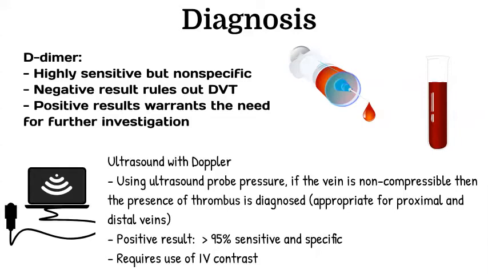The downside is that it does require use of IV contrast, and some patients are allergic to IV contrast or have such poor renal function that giving them an IV contrast could actually worsen their renal function.